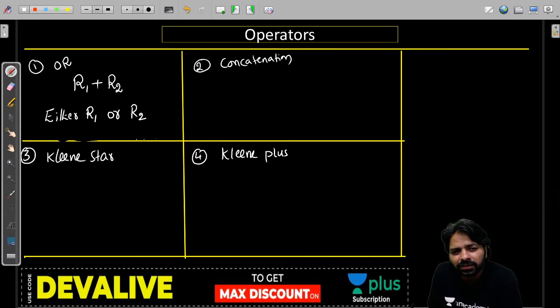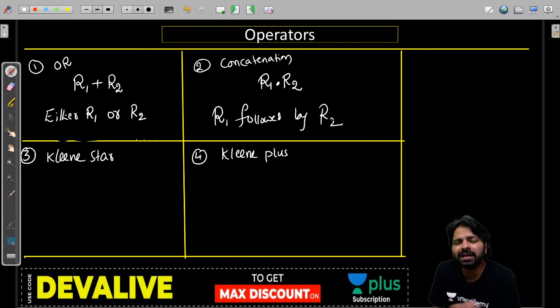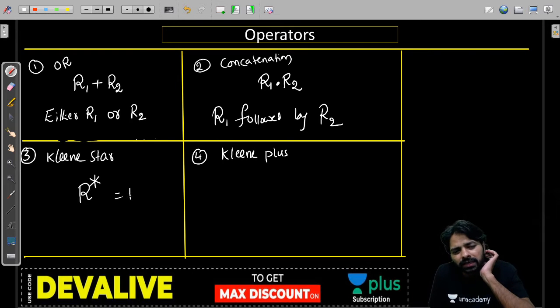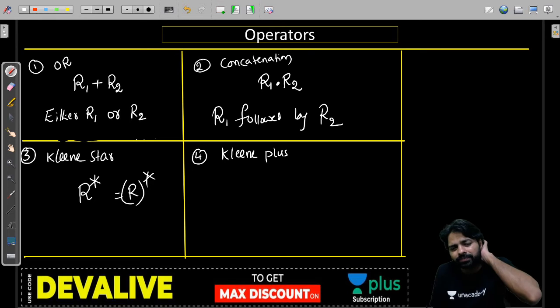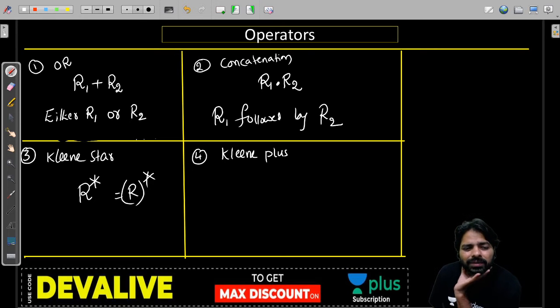And concatenation uses the dot operator. Dot is optional; you can just write R1 R2. It means R1 followed by R2: every string of R1 followed by every string of R2. And Kleene star, you will represent like R star, maybe with parentheses if you want. What is R star?